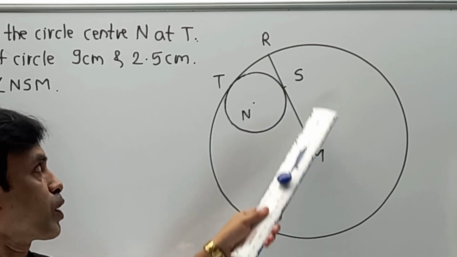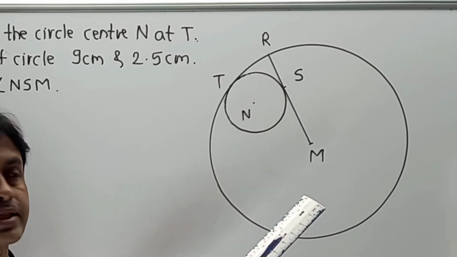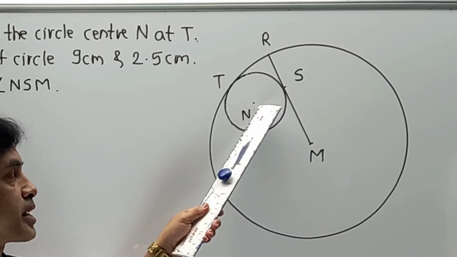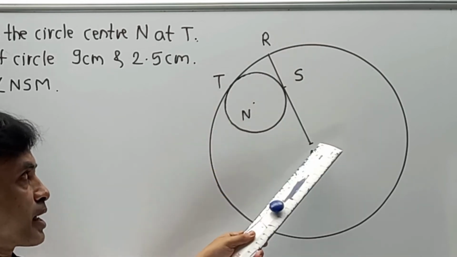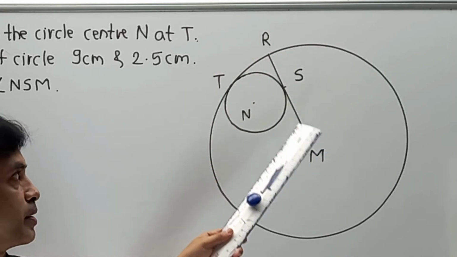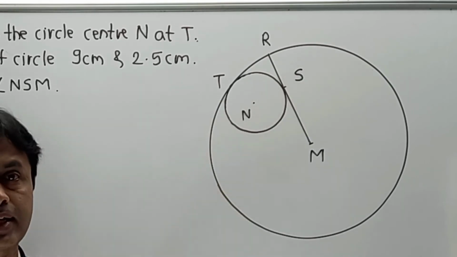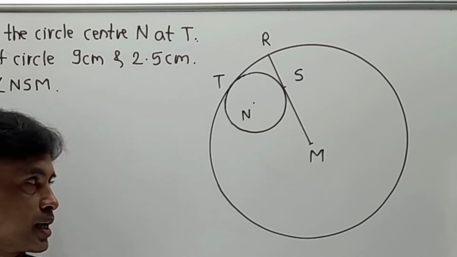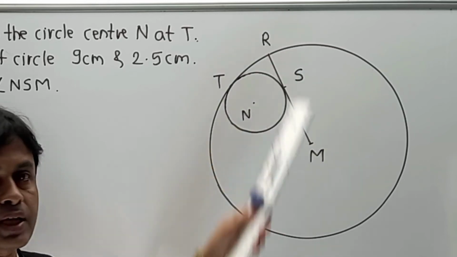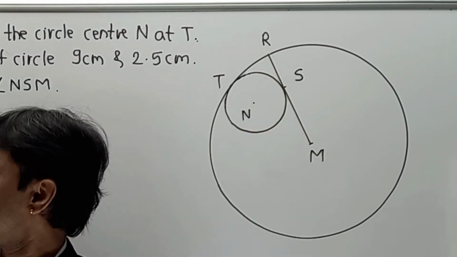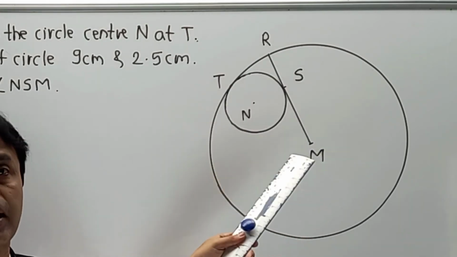After that, they have drawn one radius MR which touches the smaller circle, meaning these two circles are touching internally. The circle with center M and the circle with center N touch each other internally at point T. Radius MR, which is the radius of the larger circle, touches the smaller circle at point S. Their main question is to find MS is to SR, that is, the ratio MS is to SR, along with the length MT. MT is nothing but again the radius of the larger circle.